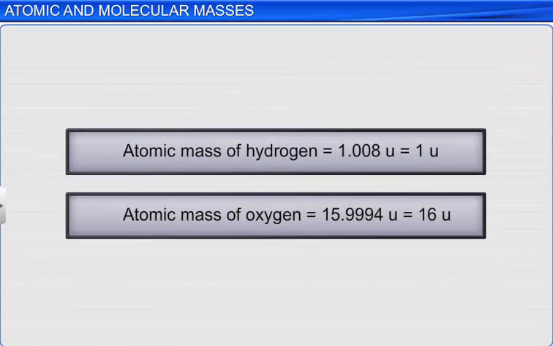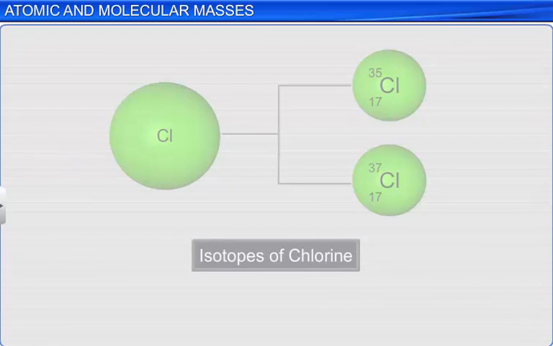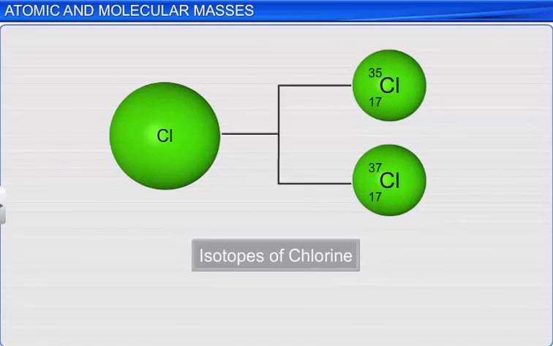Hence, we can represent atomic mass of hydrogen as 1.008 or 1U, and that of oxygen as 15.9994 or 16U. We know that when atoms of the same elements possess different atomic masses, they are known as isotopes. Hence, for isotopes, the average value of the atomic masses is considered as the atomic mass unit.